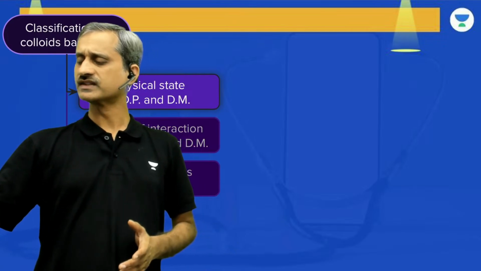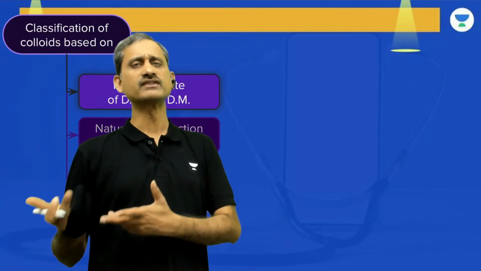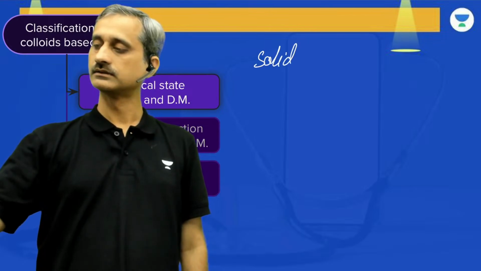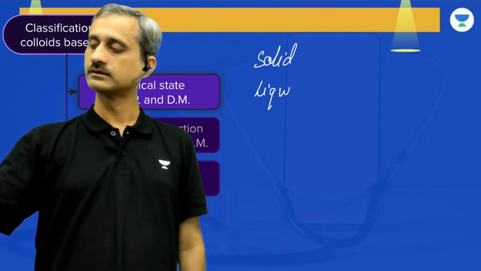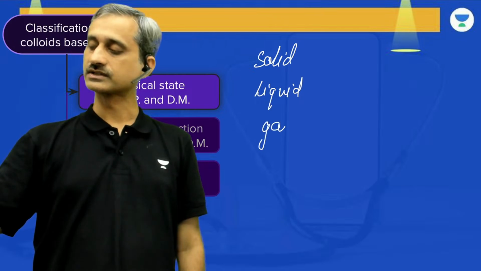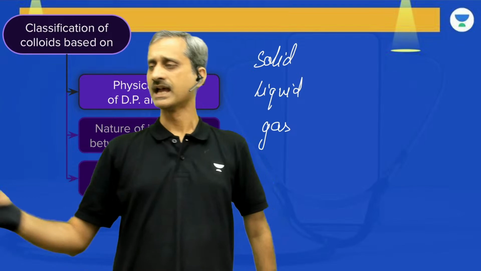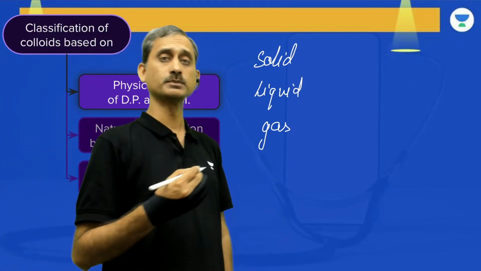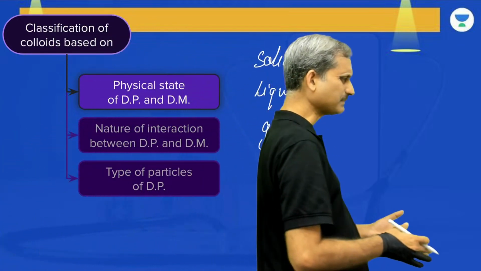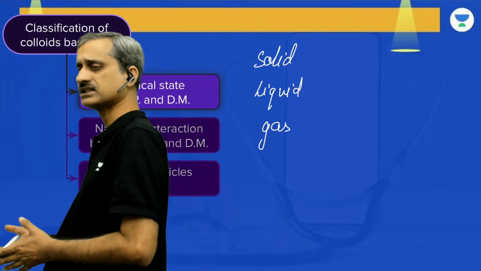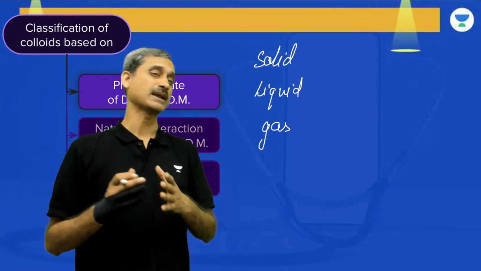Now, to talk about the physical state, obviously we have the three physical states: solid, liquid, and gas. So we can have the dispersed phase in these three states, and similarly the dispersion medium could also be in these three states. Ideally speaking, we have three dispersion medium states and three dispersed phase states, so we should be having 9 types of colloid.